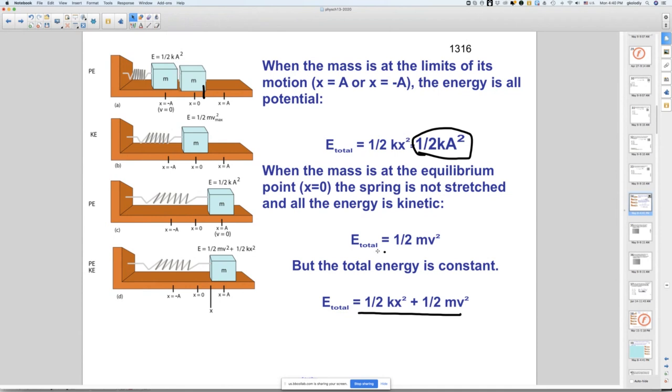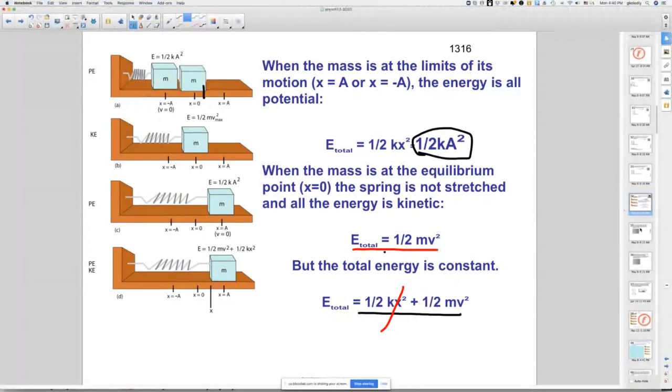You can see that on the bottom: by letting x equal 0, the total energy is 1/2 m v squared.